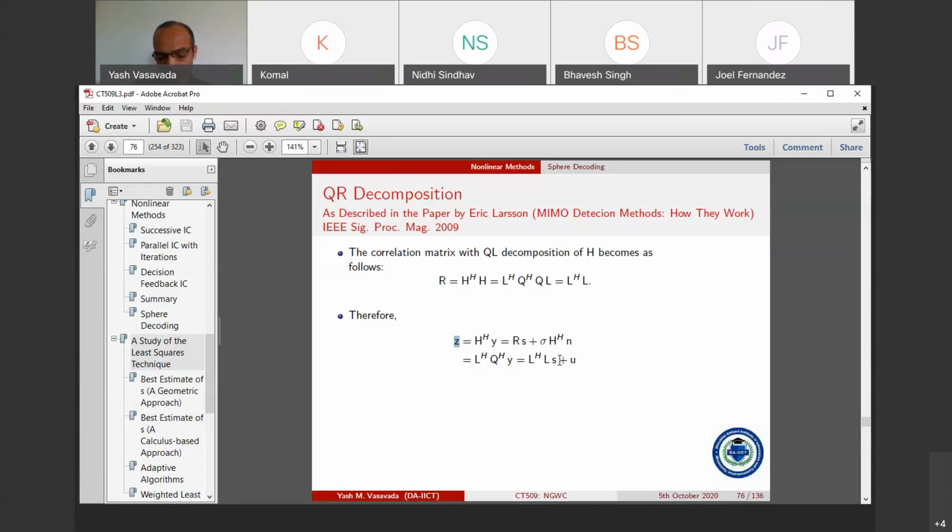This is the first time we are talking about this. Did you see how we can derive this second line? So R will be equal to L Hermitian L, into S, plus... So R times S is the same as L Hermitian L times S. And this sigma H Hermitian N is what I'm calling U. Okay. What about this here?